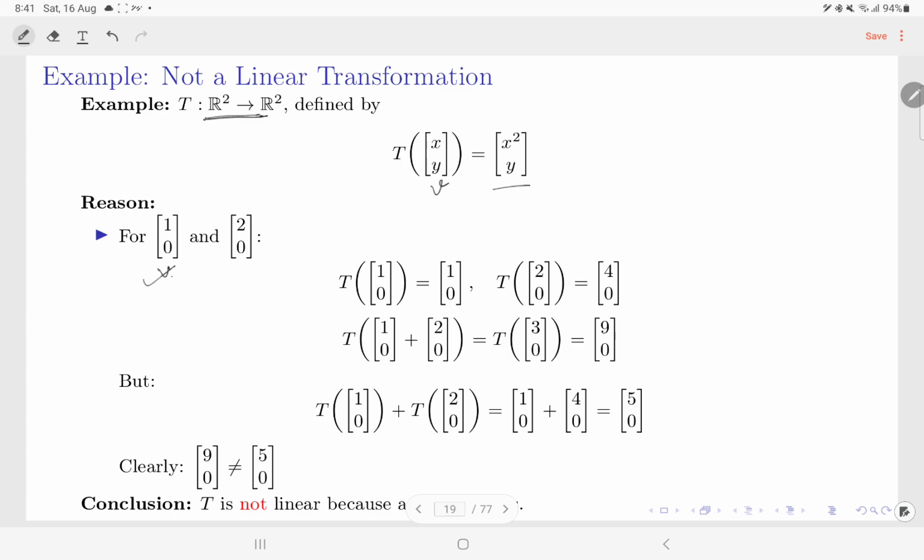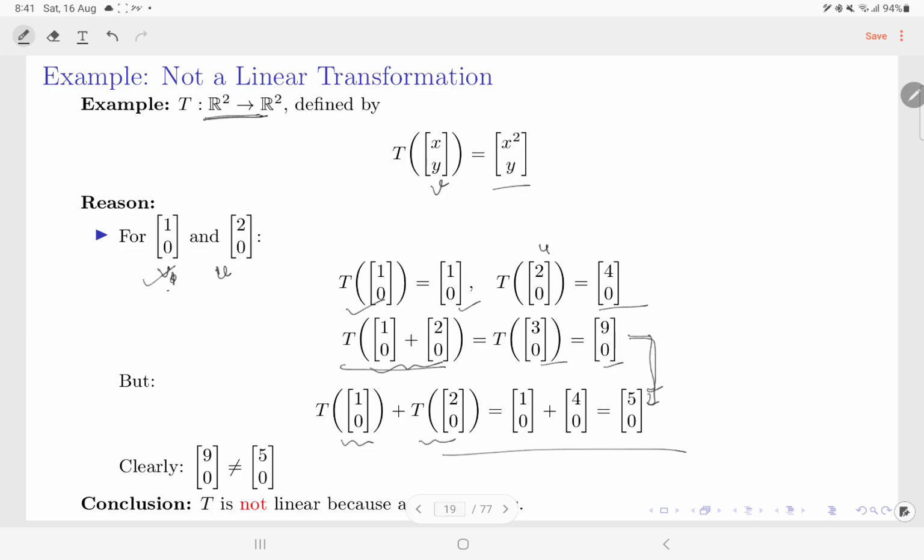If a vector, let's say this is your V and this is U, so T u plus T v. The first transformation for the first vector, this transformation from U is this, and then adding these two you will get 9 0. Now this should be equal to this one individual sum, but which is not the case. Are these two equal? No.